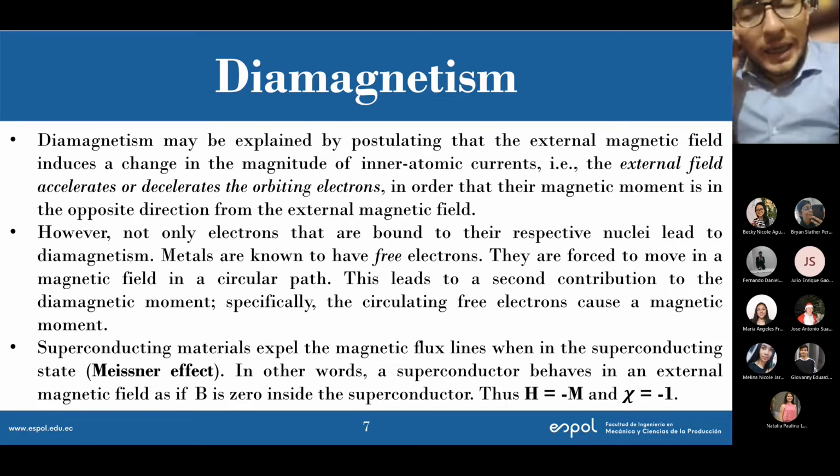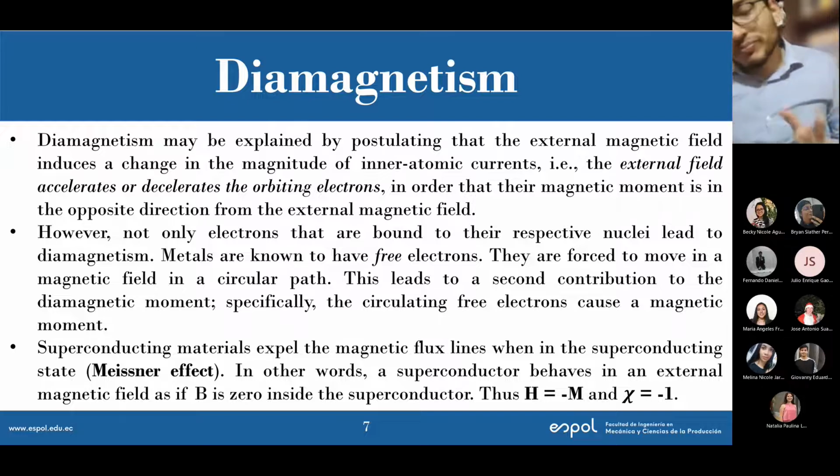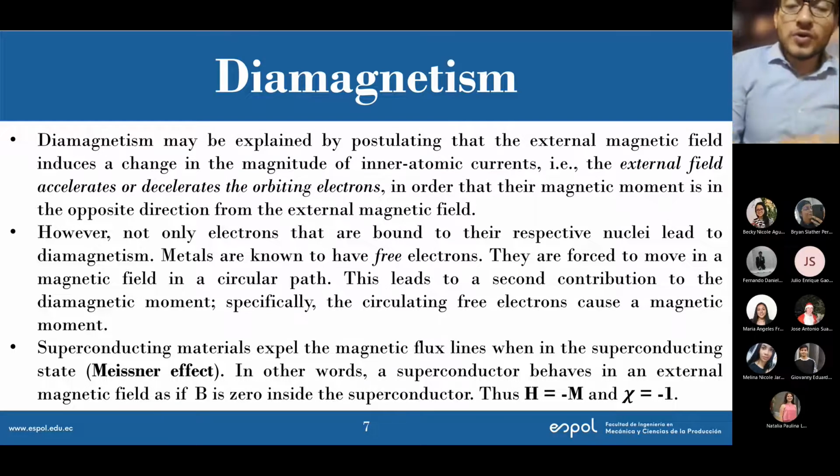So let's start getting into the different types of magnetism. And let's begin with diamagnetism, right? You might remember actually at least some brief idea of this concept from your ceramics course, because there we saw magnetic properties for ceramics, and you might remember these terms, right?